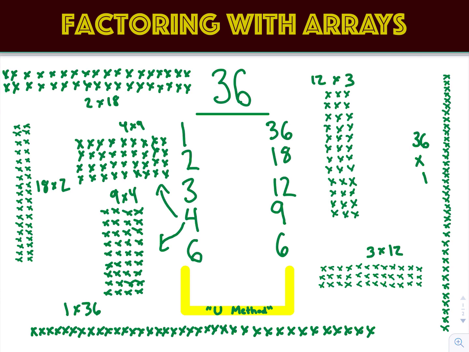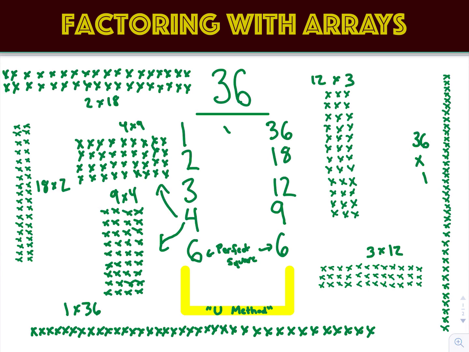Our final factor pair is 6 by 6. I said originally that when it comes to a number where you have a perfect square, it would be a different type of array. And the reason behind that is because up until this point, we have had all rectangular arrays, and 6 by 6 is a square array.